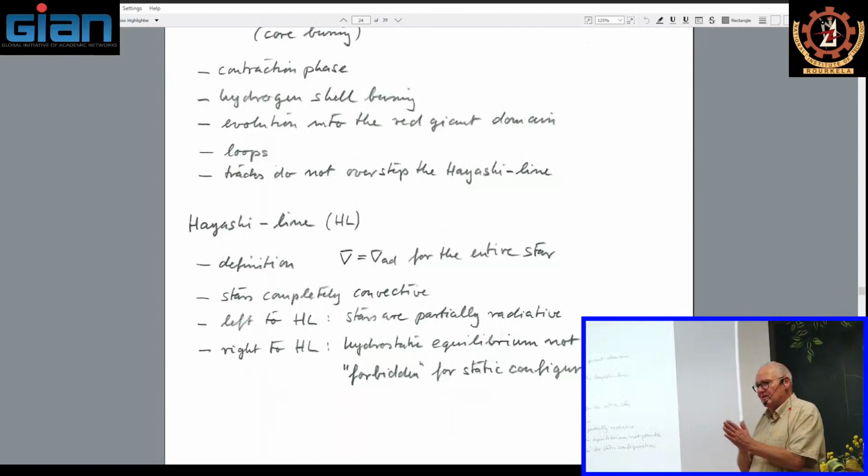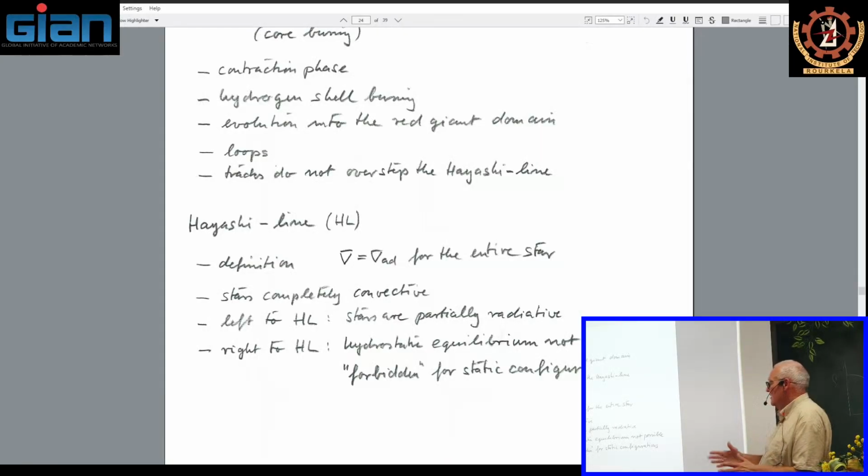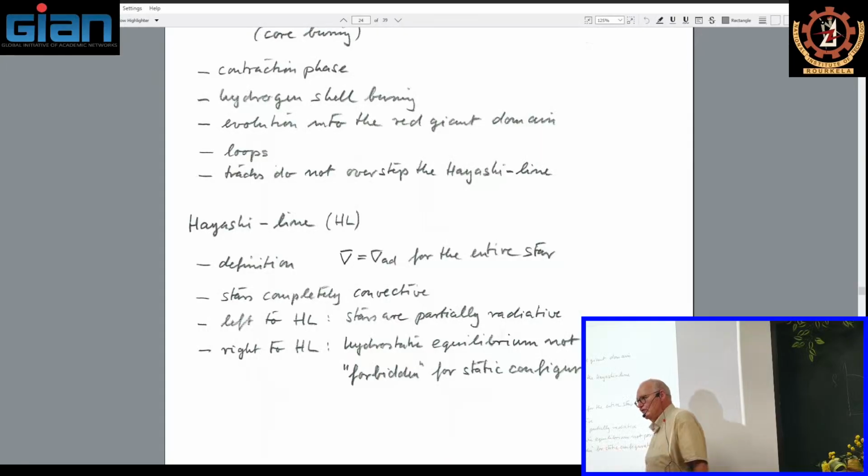So stars on the Hayashi line are defined as completely convective stars. Left of the Hayashi line, the stars are partially radiative. On the Hayashi line, they are completely convective, and to the right of the Hayashi line, we do not find hydrostatic equilibrium anymore. So this is for static configuration.